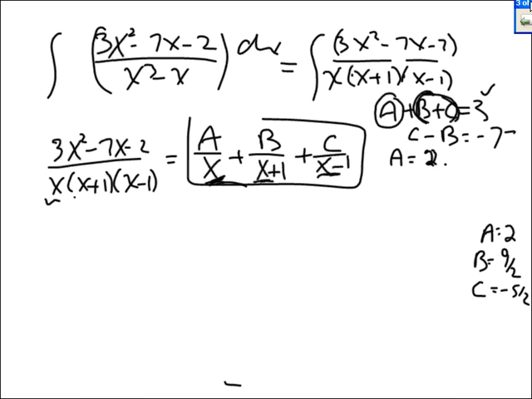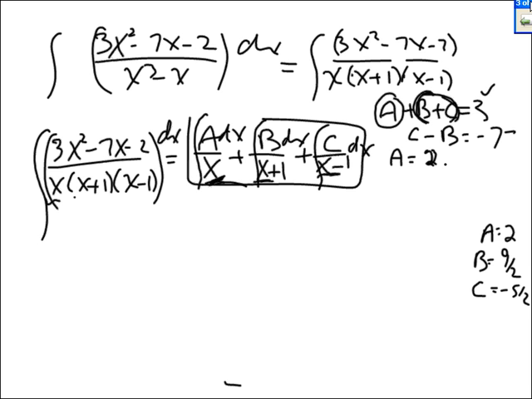Well, the integral of this mess, which is what they originally asked me to find, is the integral of this dx plus the integral of this dx plus the integral of that dx. And I can factor out the a's. It's the integral of dx over x with the a in front.